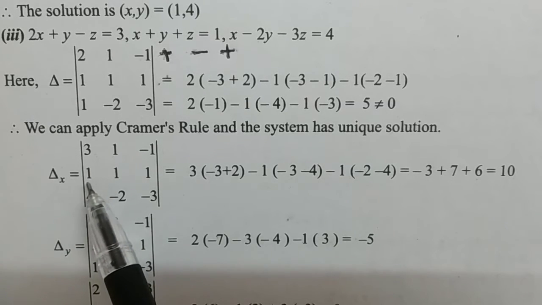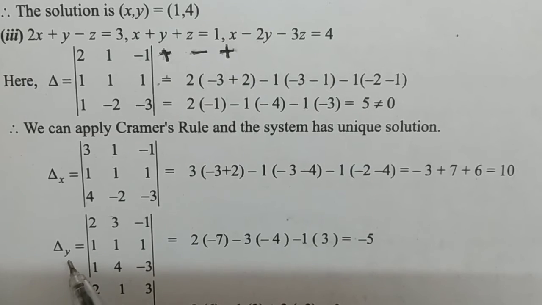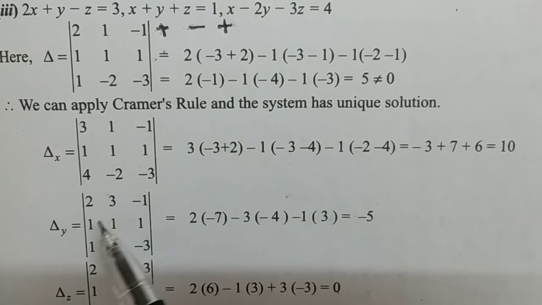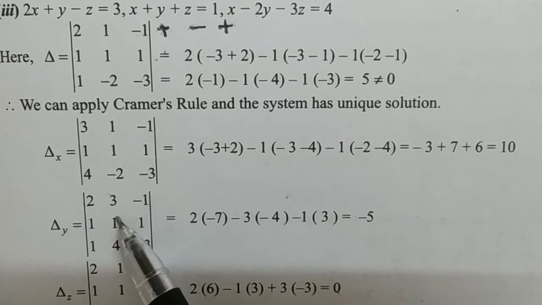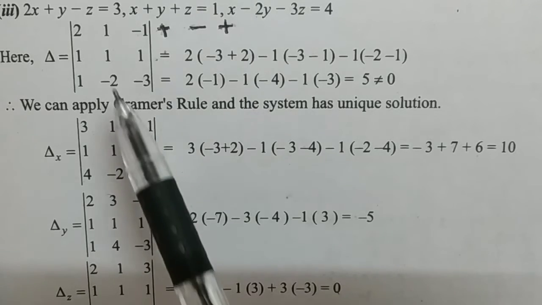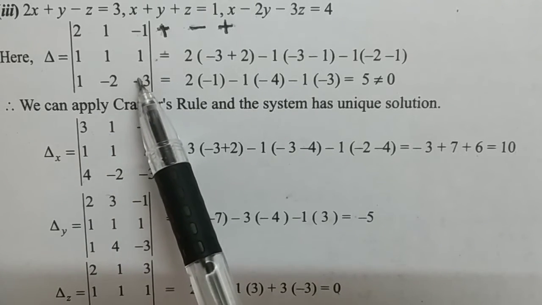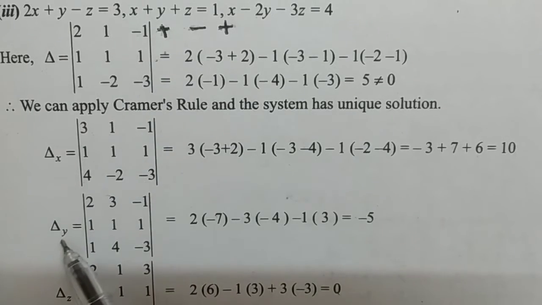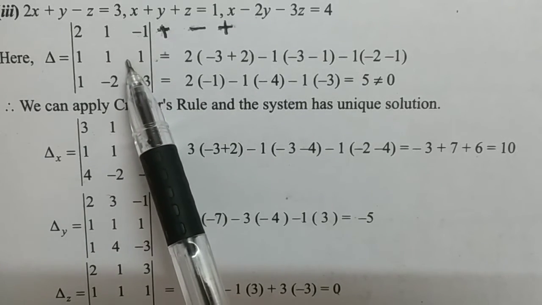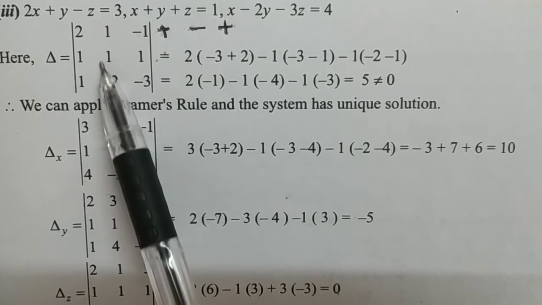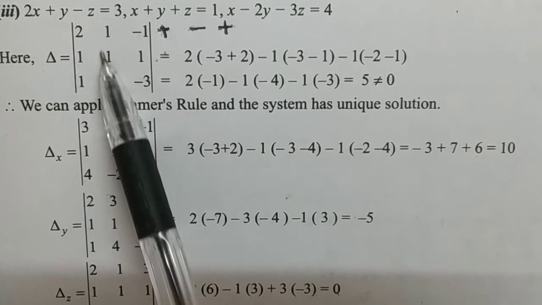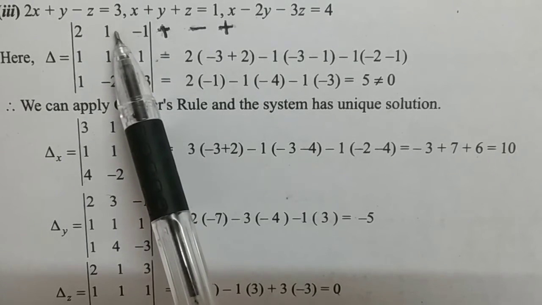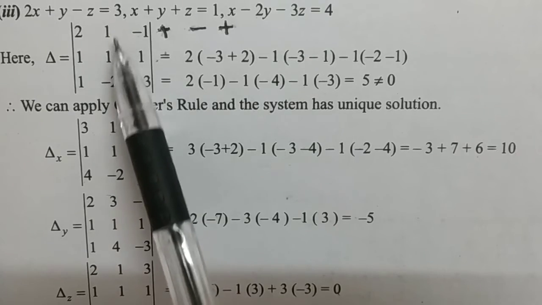Next, in delta y, replace the second column with 3, 1, 4 from the given delta value only. Don't replace the value in delta x. When you are finding delta y, you replace the second column from the original delta only. What is the second column from delta? 1, 1, minus 2.